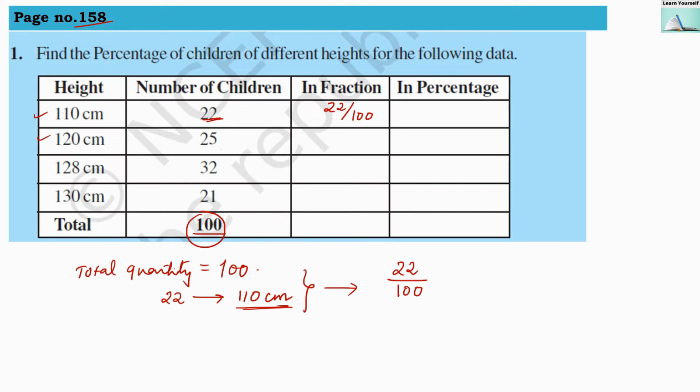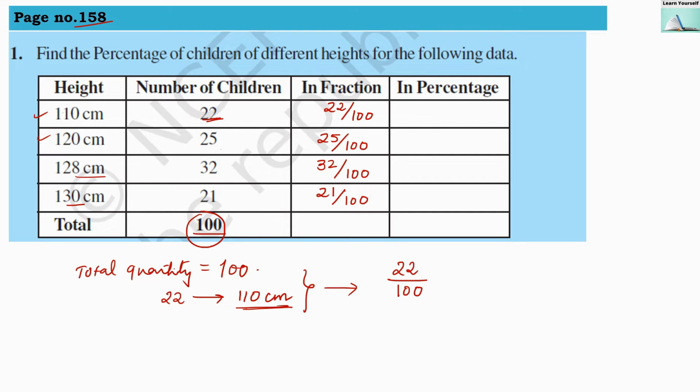Similarly for 25, so 25 children have 120 centimeter height out of 100 children. 32 children have height 128 centimeter out of 100 children. And 21 children have height of 130 centimeter out of 100 children.